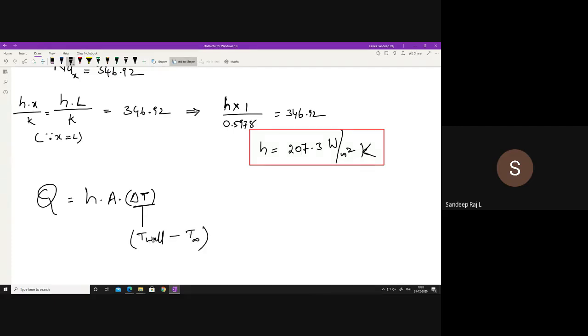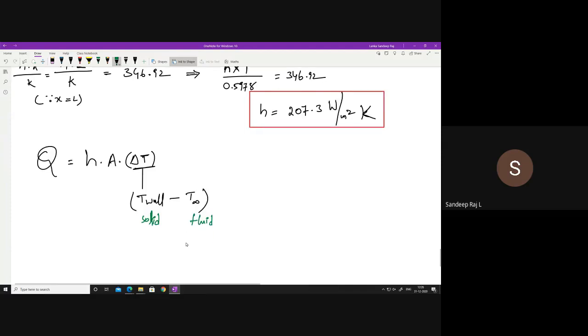Always the delta T in HA delta T should be the difference of solid and fluid temperature. So it is wall minus fluid, that is T infinity.